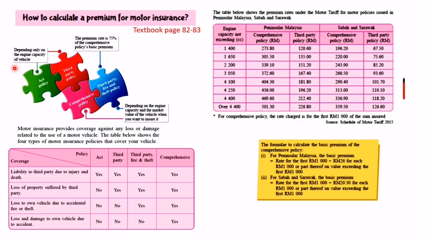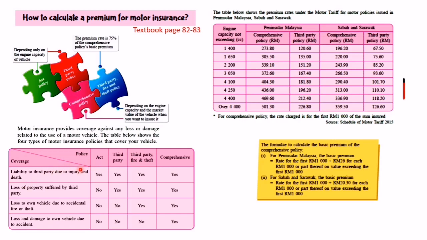After we learn how to calculate a premium for life insurance, now we are going to learn how to calculate a premium for motor insurance. For motor insurance, we have 4 types of policy: Act policy, third-party policy, third-party fire and theft policy, and comprehensive policy.